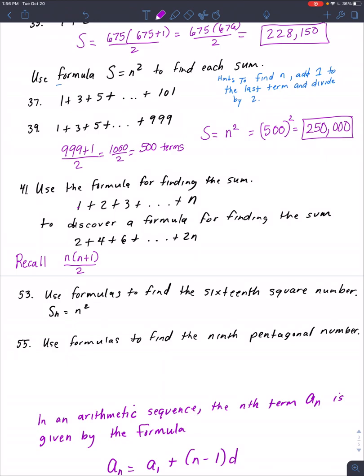To discover the formula for finding the sum of 2 plus 4 plus 6 plus, well, we were given that other formula. Now we've got to look at it and compare. If this is the formula for the first one, we've got to use that information to figure out how we can make a formula for this one.